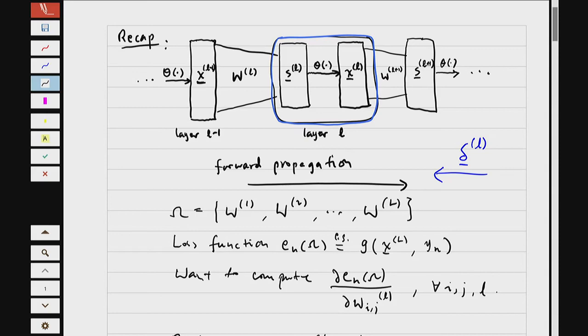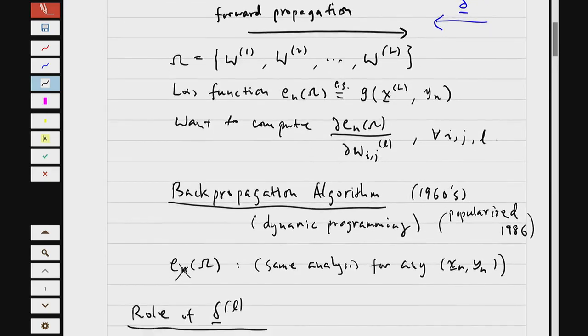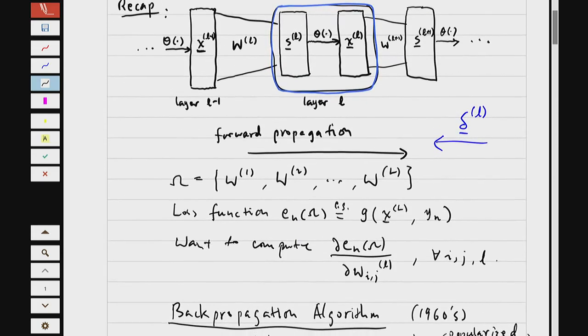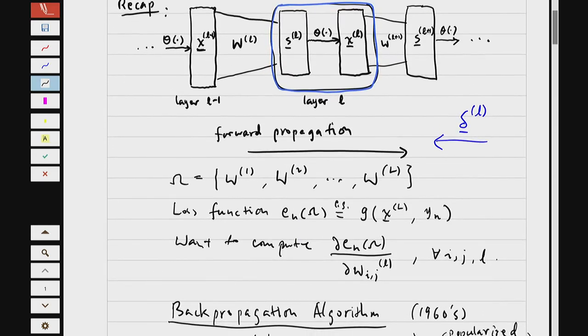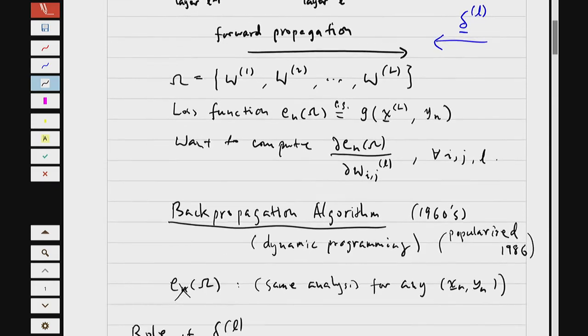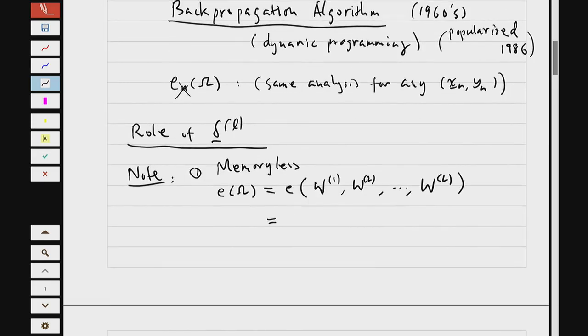The idea itself is simple. It's layer by layer, so once I get to layer L, I can forget about the earlier layers. To express that mathematically, E is now a function of S of L at the L-th layer. After that, all the weights I care about are W of L plus 1, and so on all the way until the end.